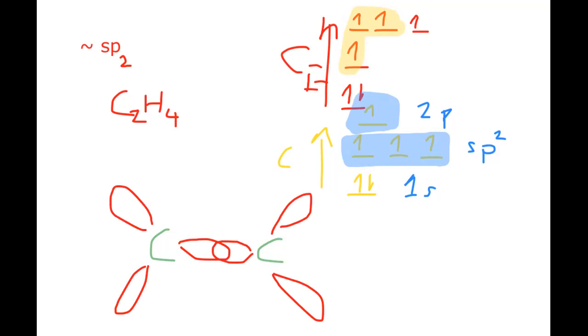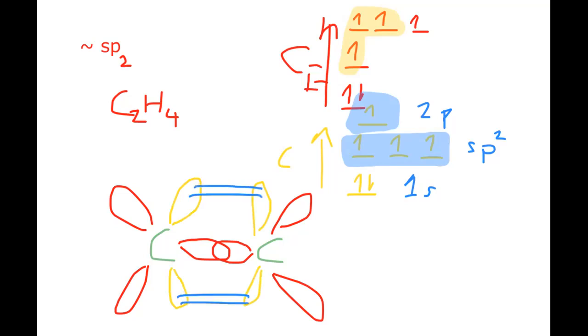We learned earlier that pi bonds are formed by sidewise overlapping of p orbitals. P orbitals I'm drawing in yellow. So if this is the p orbital, it will have 2 lobes, one above and one below. What will happen is that these will form a bond in this manner.